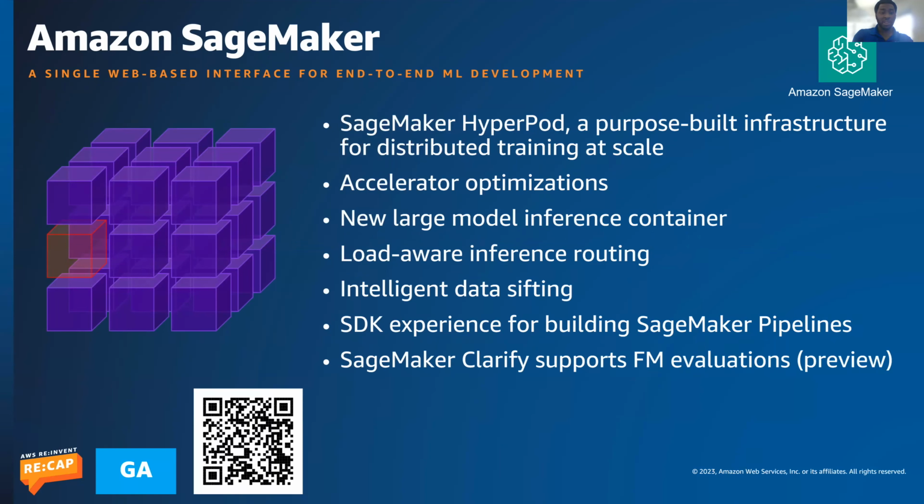One other notable mention here, you can scan the QR code for more, but Amazon SageMaker Clarify is a new capability that was announced to support foundation model evaluations. And this allows you to compare and select the foundation model based on metrics such as accuracy, robustness, bias, and toxicity in minutes. And this allows you to really get a better idea of the foundation model that will work for your use case most effectively.